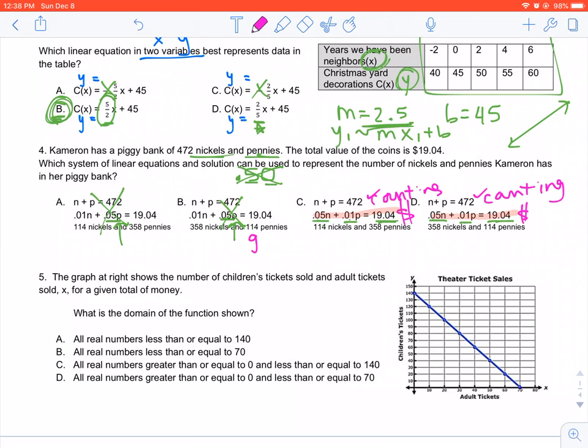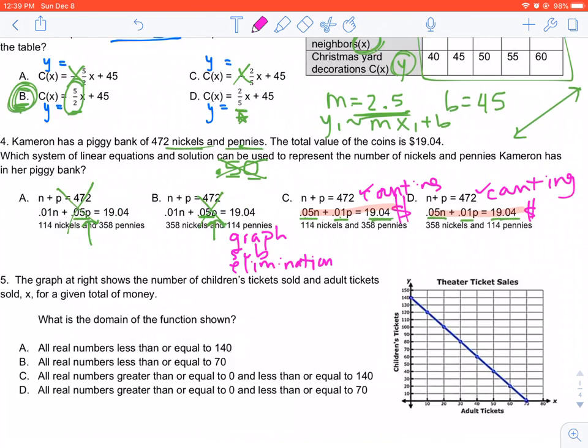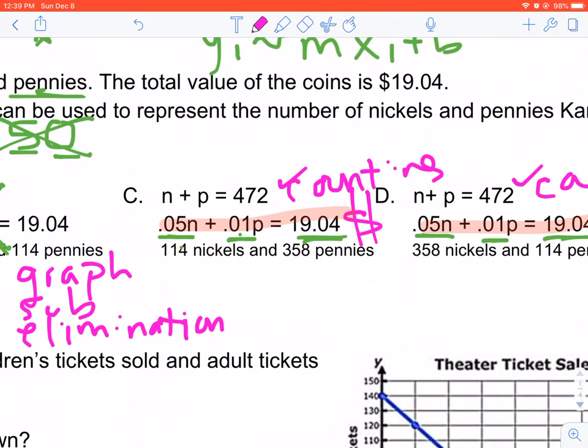We solved by graphing, we solved with substitution, we solved with elimination. And you can still do all of those things or pick one of your favorite, but most of you are just going to want to take the straight approach of typing it in. You know about money.